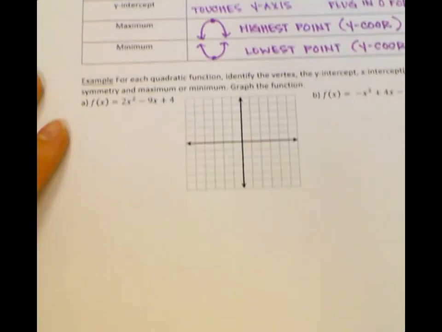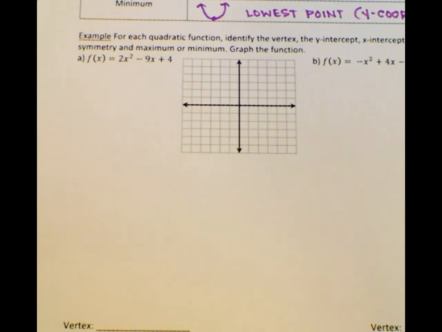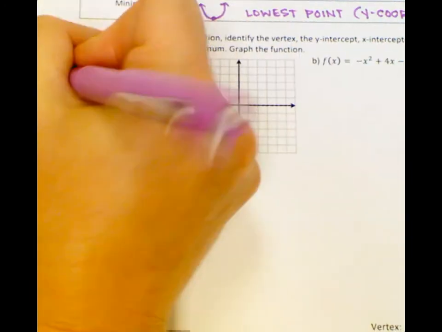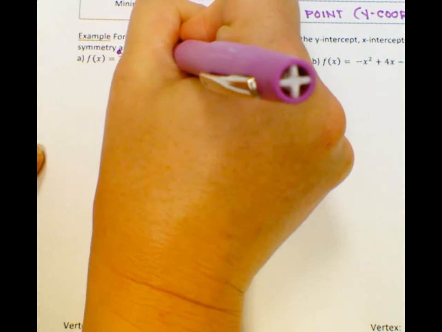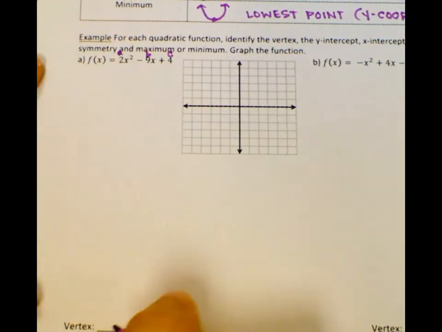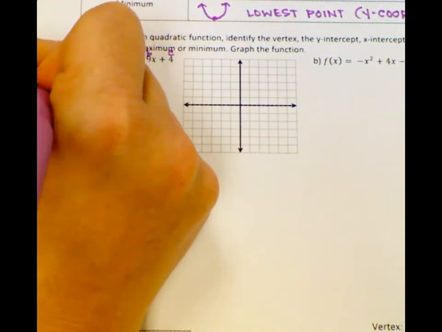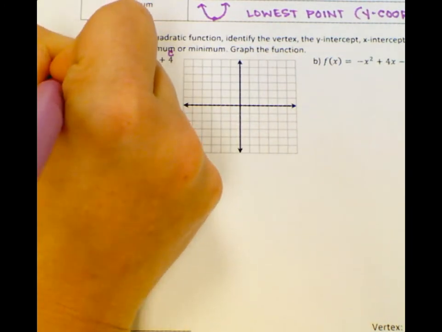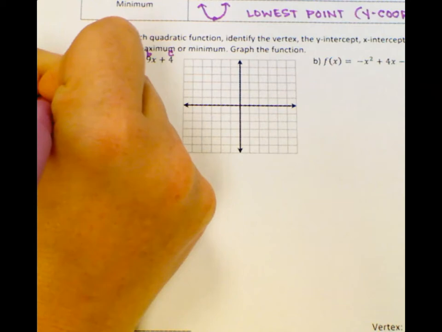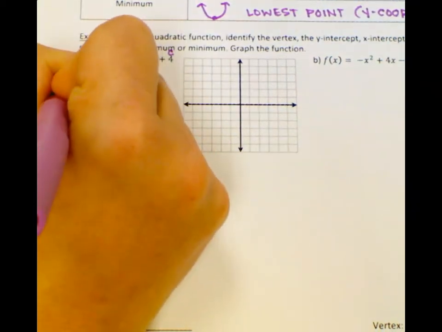First thing, you can do your vertex first. You can do whatever you want first, okay? So let's just do our vertex first. We know that this right here is A, B, and C, right? You should know that. So if we're going to do our vertex, we're going to do negative B. Oh, B's already negative, so it's a positive 9 over 2A, which is 4.